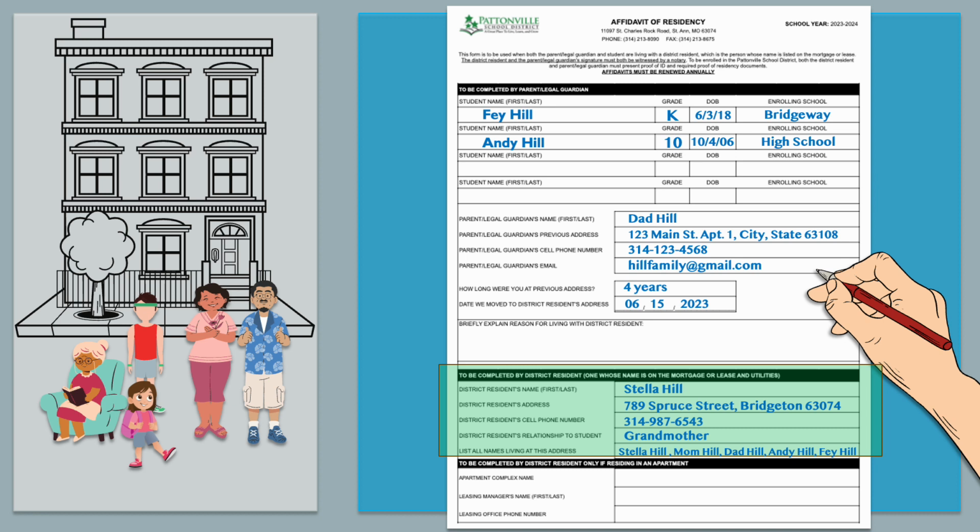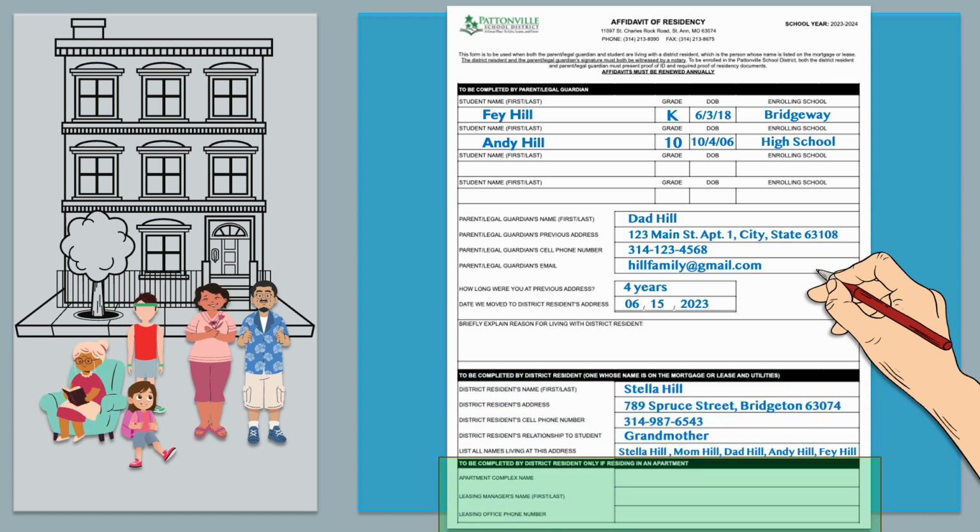And now I will list all of the individuals who are living in the current home with the district resident. That includes Grandma Stella, Mom, Dad, Andy, and Faye. If there was a non-school age child at home or someone living with the family not associated with this form, like an aunt or an uncle, I would add them to this list here.